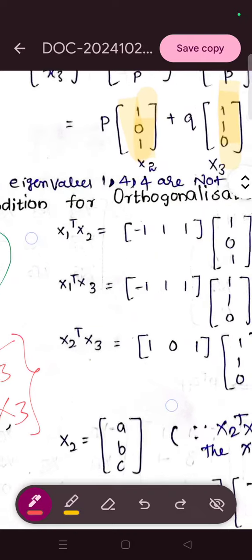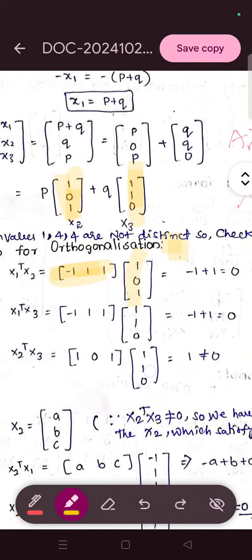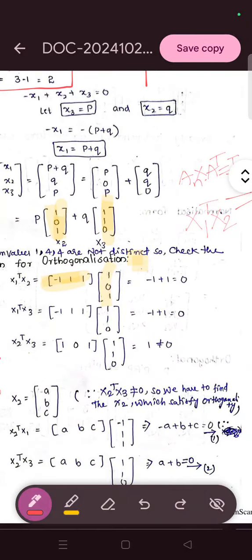So let's check x1 transpose x2. If we multiply, minus 1 into 1, 1 into 0, 1 into 1, so minus 1 plus 1 gives 0. So x1 transpose x2 equals 0. Next, x1 transpose x3: multiplying minus 1 1 1 with 1 1 0, we get 0.